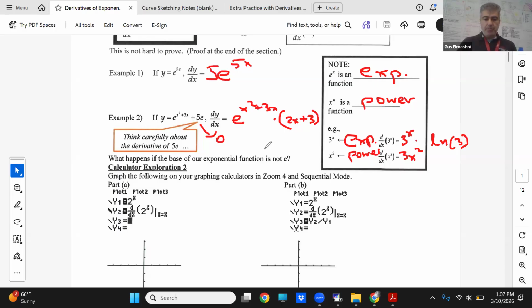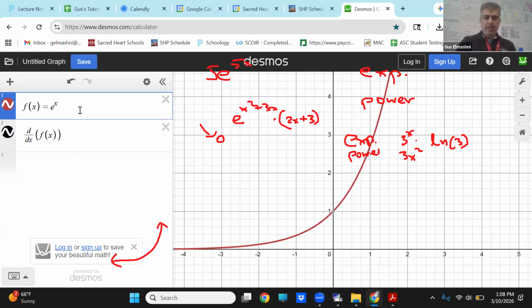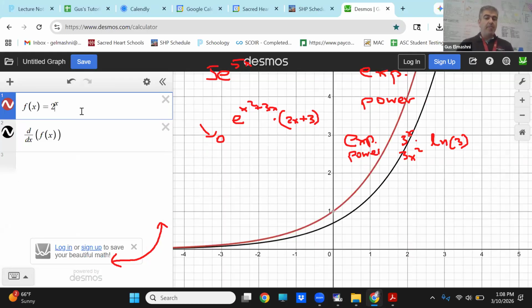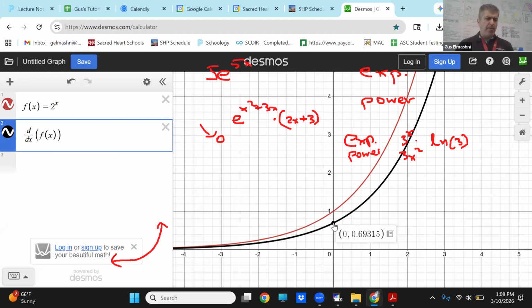So let's look at this one here: 2 to the x, which looks like this, right? Now, if I go to Desmos and graph the derivative of 2 to the x, that's the beauty about Desmos. I could just easily change this. Look at that. Now the black curve is not the same as the red curve. In fact, it's off by some factor, like 0.69. Yes, things seem a tad off here, right? So it's going to look more like this.